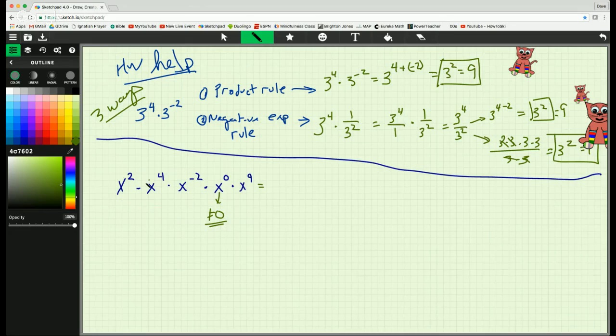So let's use our product rule here. This is equal to x to the 2 plus 4 plus negative 2 plus 0 plus 9. Well, 2 plus 4 is 6, minus 2 is 4, plus 9 is 13. So that is equal to x to the 13. Pretty cool. All we have to do is just add up all those exponents.